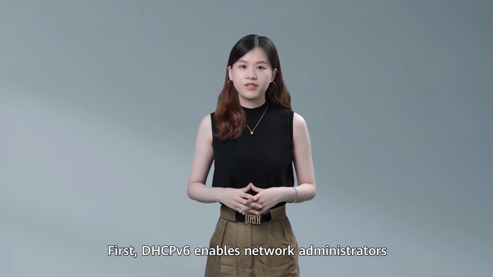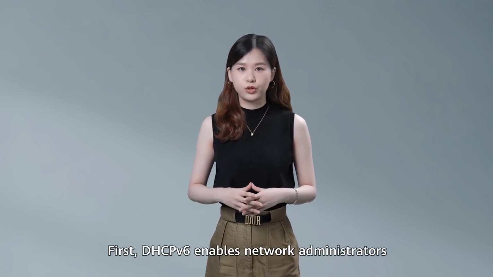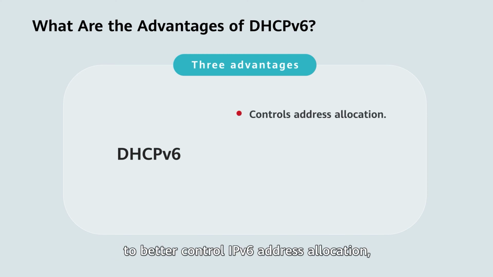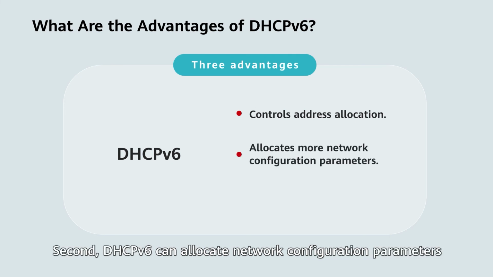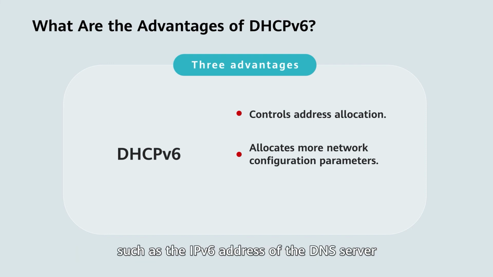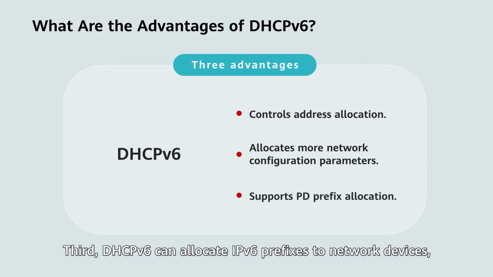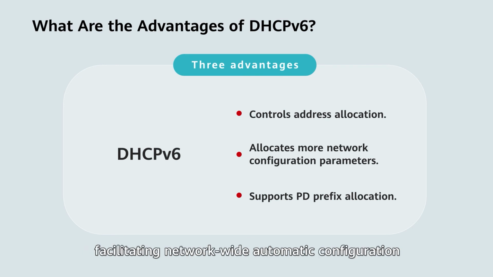Let's quickly summarize what we have covered so far. First, DHCPv6 enables network administrators to better control IPv6 address allocation, facilitating network management. Second, DHCPv6 can allocate network configuration parameters such as the IPv6 address of the DNS server and support features such as ZTP. Third, DHCPv6 can allocate IPv6 prefixes to network devices, facilitating network-wide automatic configuration and hierarchical management.